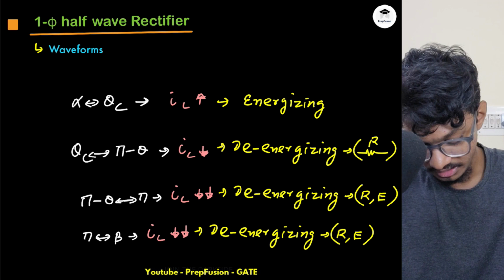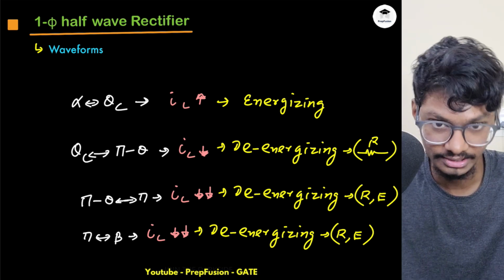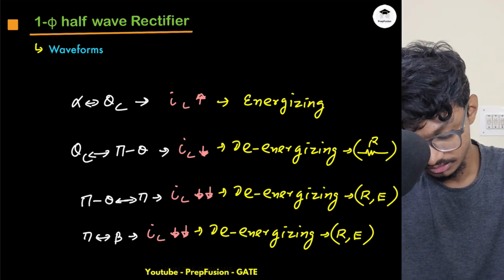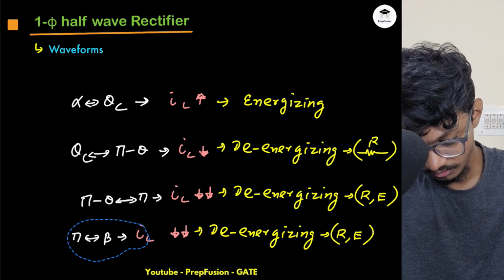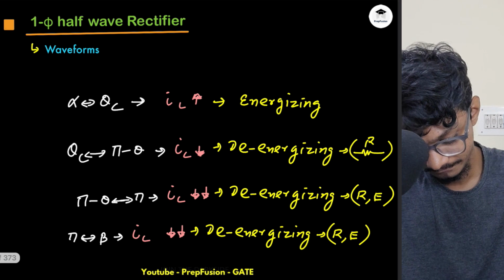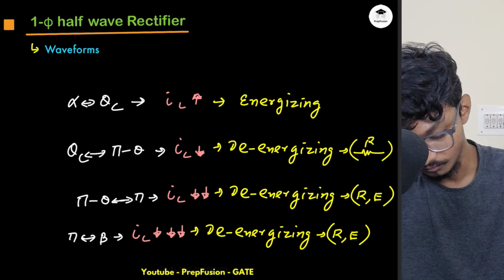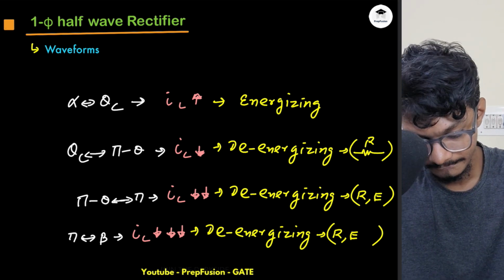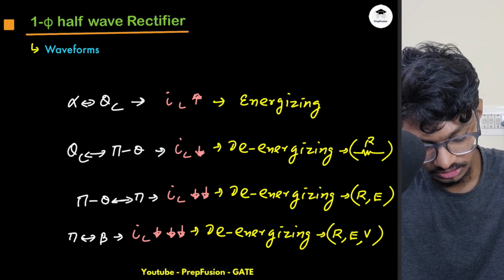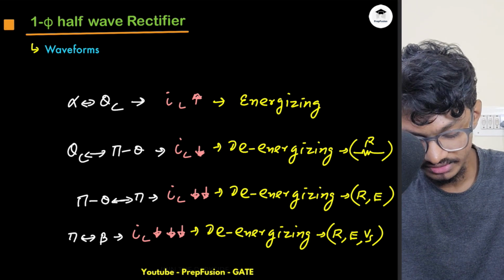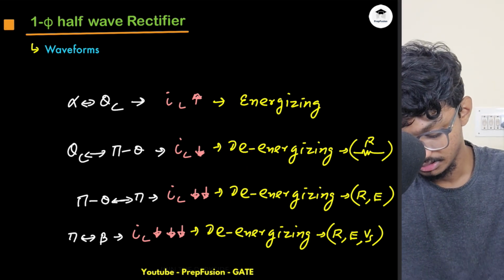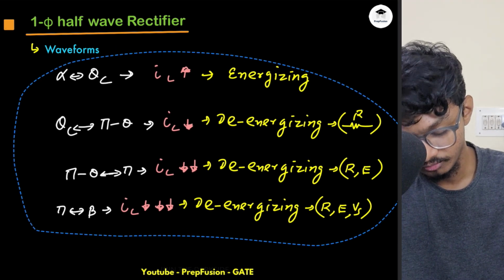And from pi to beta, current is still positive, it is de-energizing at a much faster rate. So this will be 3 arrows on the downside, and here it will de-energize through the battery, and through the source as well. So obviously I can see discharge time will always be less than the charge time, and it will be even lower this time.